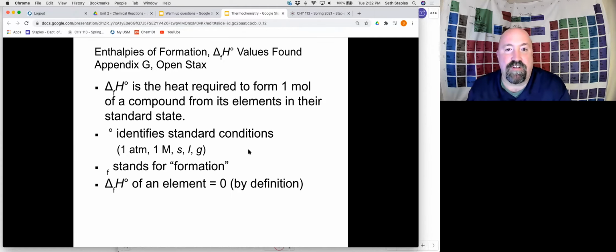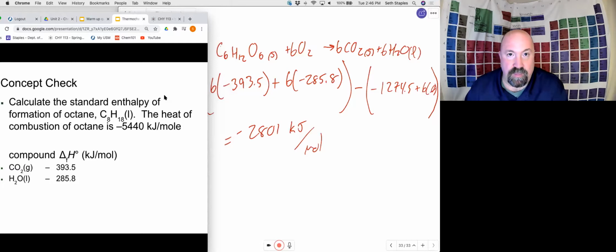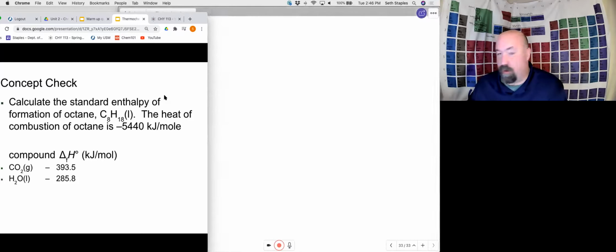We know the heat of combustion of octane to be negative 5440 kilojoules per mole. But we want to use that information plus the heat of formation of CO2 and water to calculate the enthalpy of formation of octane.